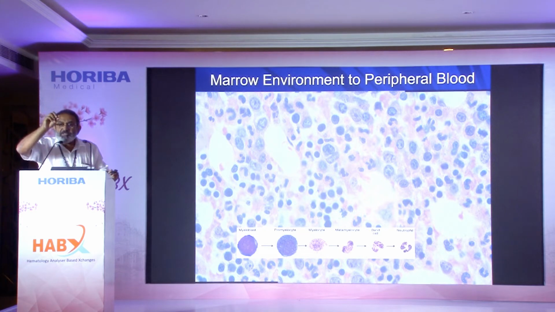The granules that you see will start appearing in the promyelocyte, in the myelocyte, but by the time it becomes a metamyelocyte, you hardly see the granules. That's because as the granules mature, they lose the sialoglycoprotein on the surface. And if they lose sialic acid, they will not attract the eosinophilic dye.